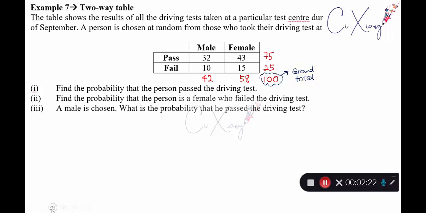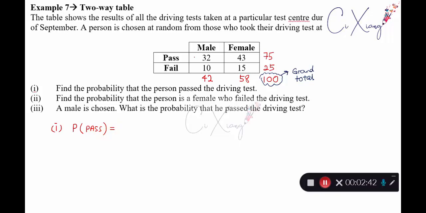Right, so to answer the question, let us start. They want you to find the probability that a person passed the driving test. For the first part, regardless of the gender, they only want to know the probability for the person who passed the driving test.